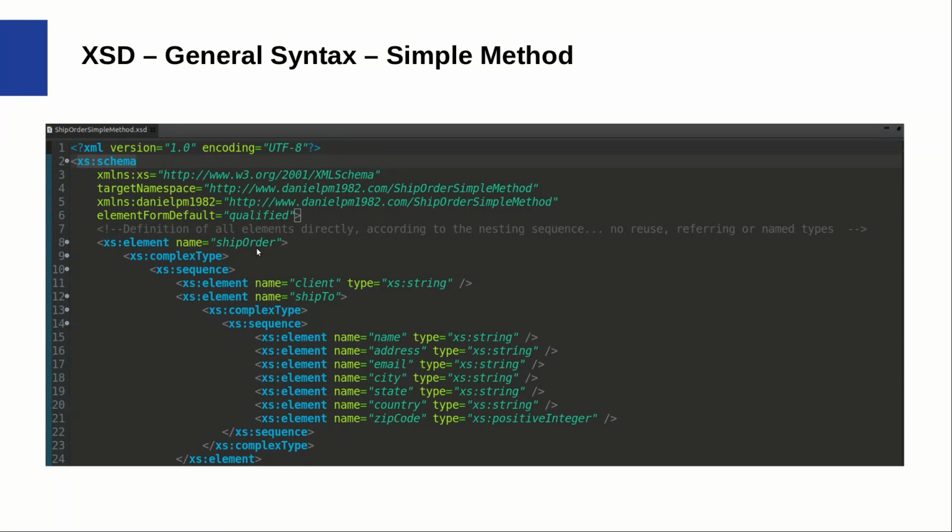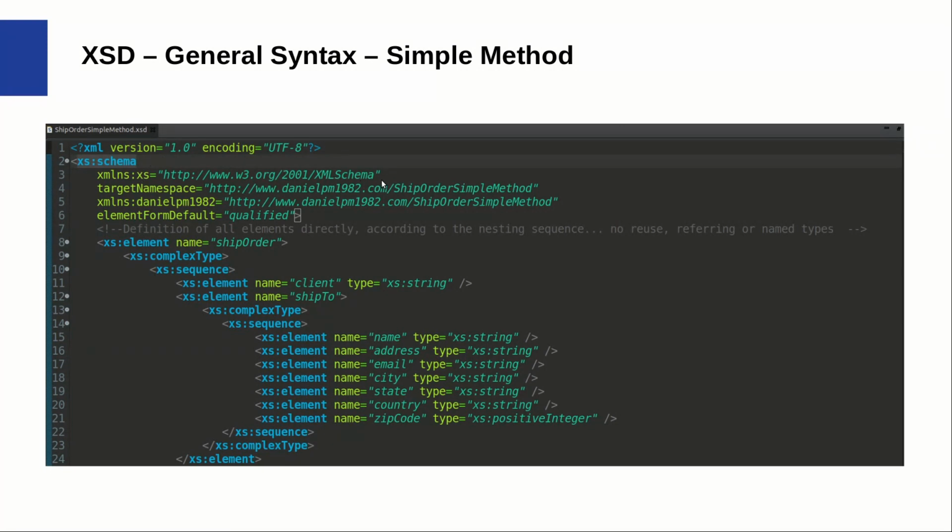So for example here, you have a ship order XSD document. First, you have the prologue, then you have the schema element declaration. Inside the opening tag of the schema element, you have the attributes defining the namespaces.